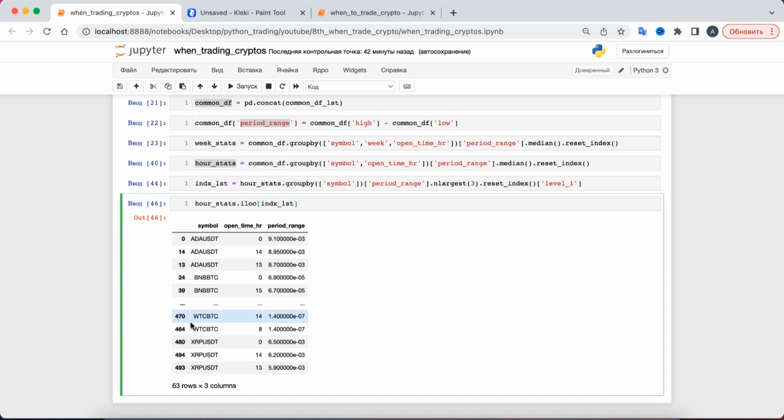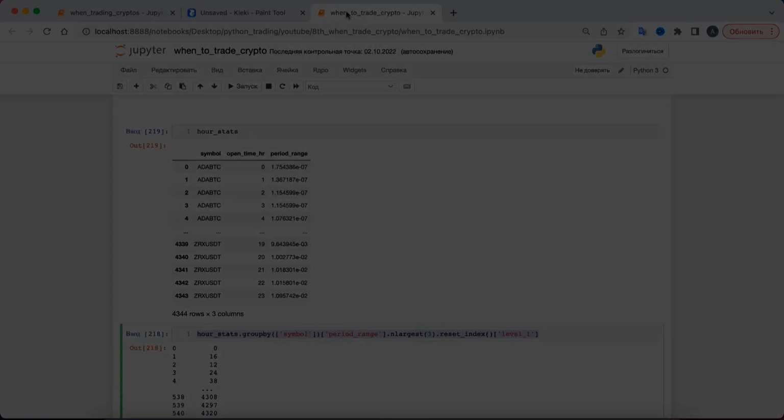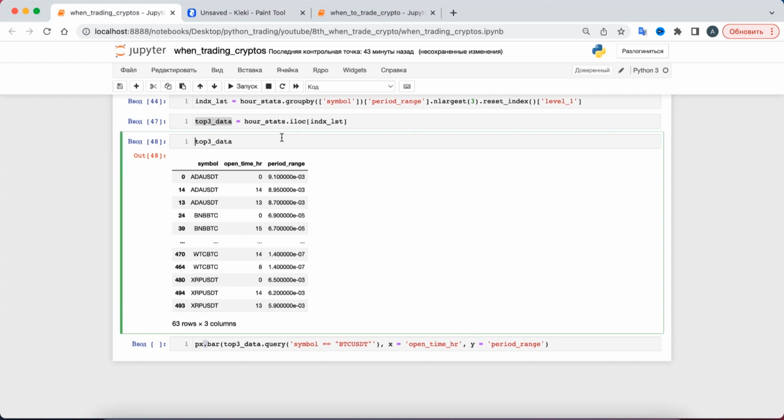And now we need to visualize the data to have understanding. For visualization, I use Plotly Express this time, and I pass the data here. And I don't need to have all the data.